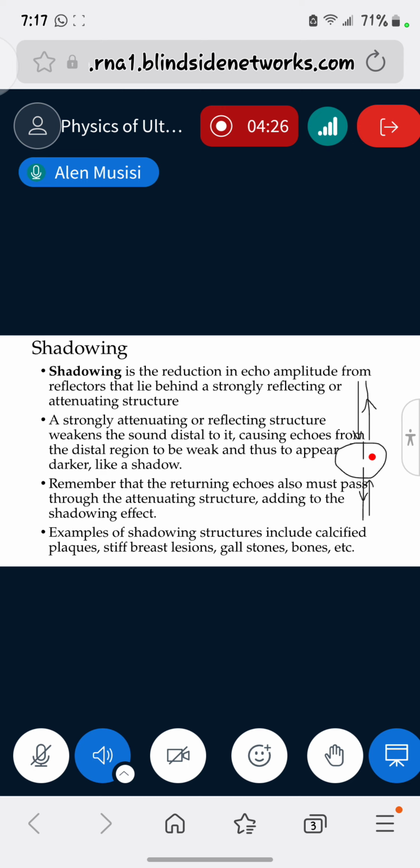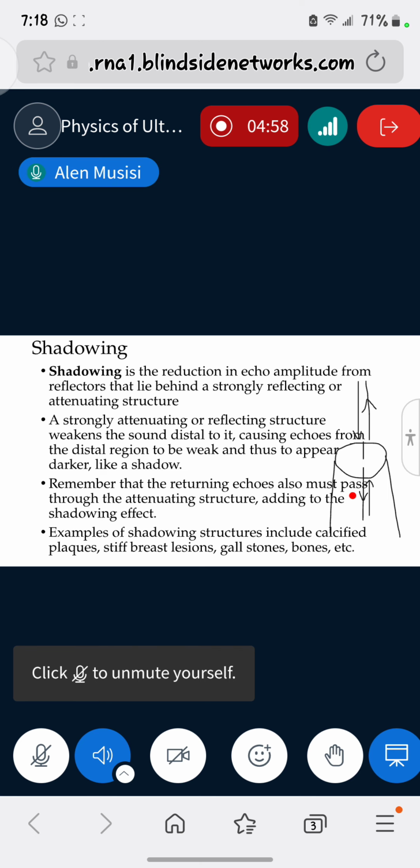So you realize that you have no echoes that are actually arising from the structures below this. So this structure is going to cast a shadow on the structures below. So all this area will appear black, like nothing is there. So shadowing is created by high attenuating structures.